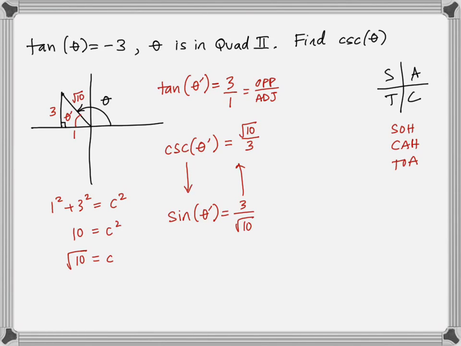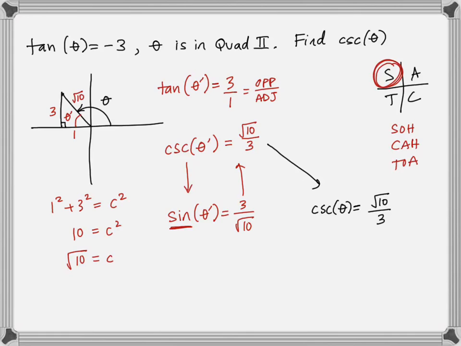And then all I have to do for the cosecant of theta is say it's going to be the same number, but maybe I have to put a negative sign on it. So I'm just going to double check. Okay, so cosecant came from sine, and in the second quadrant where I am, sine is positive.